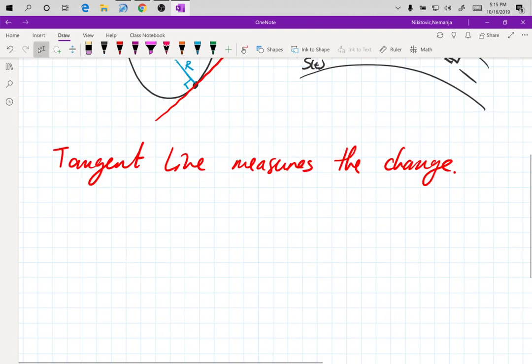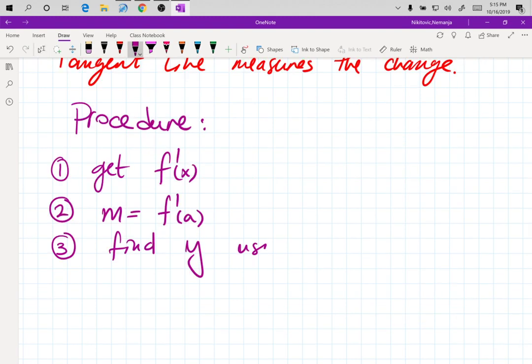Now, to find the tangent line, let's go purple procedure. Number 1, get f prime of x. Number 2, m equals f prime computed at a. Number 3, find y using y equals f of x.